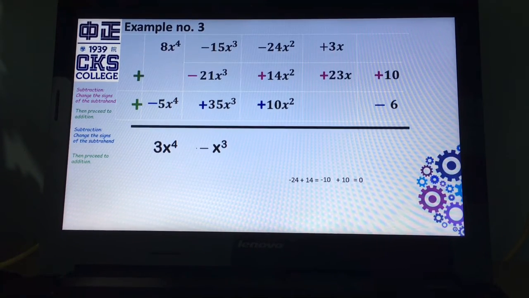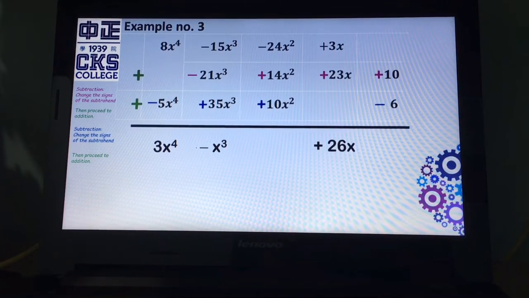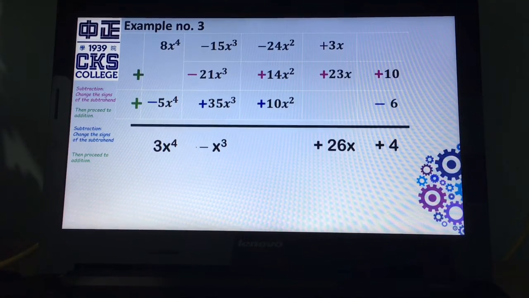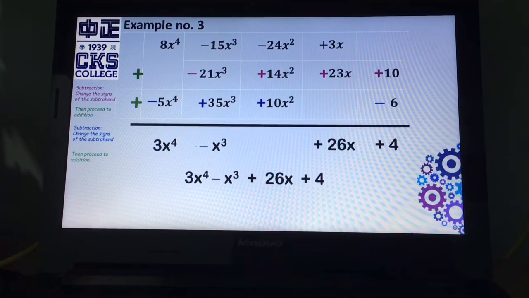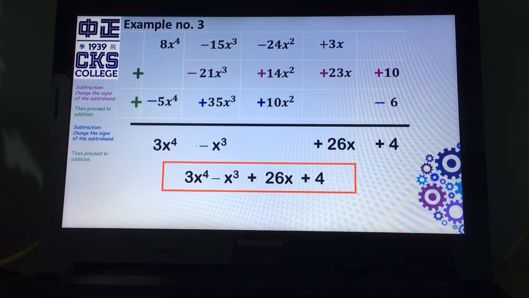Next, 3x plus 23x is 26x. Then positive 10 plus negative 6 will give you positive 4. So our final answer is 3x to the 4th minus x cubed plus 26x plus 4. That will be our final answer.